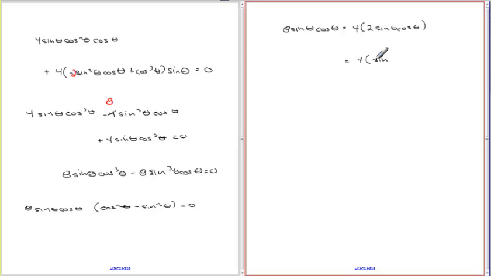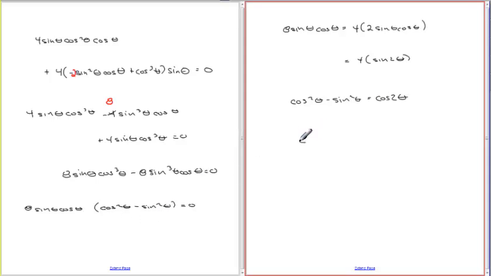So we'll get 4 times the sine of 2 theta for this part. And then the second part, cosine squared of theta minus sine squared of theta, is another trig identity, a double angle formula, which is equal to the cosine of 2 theta.